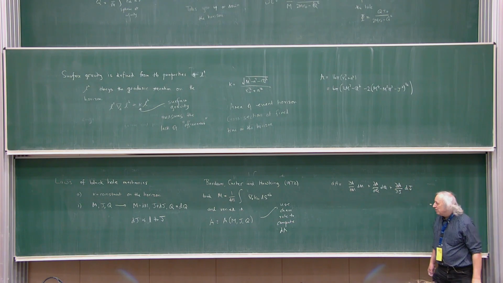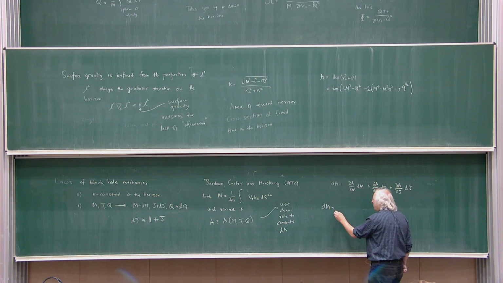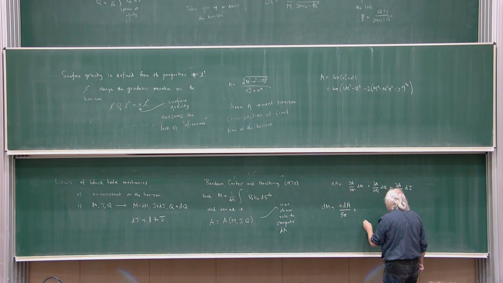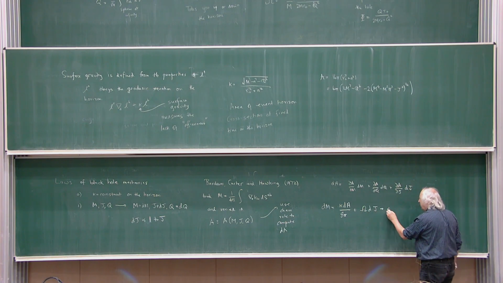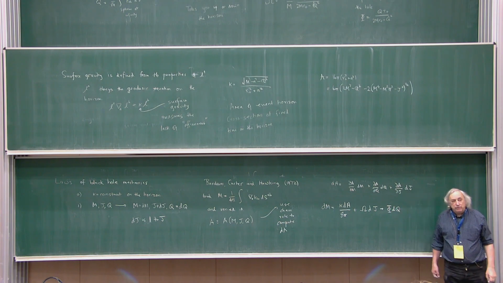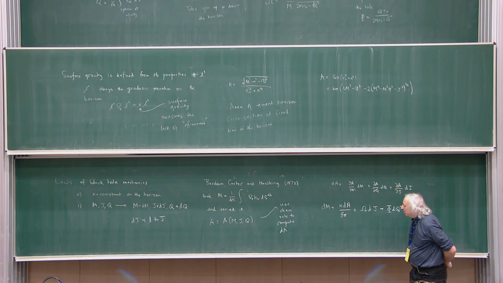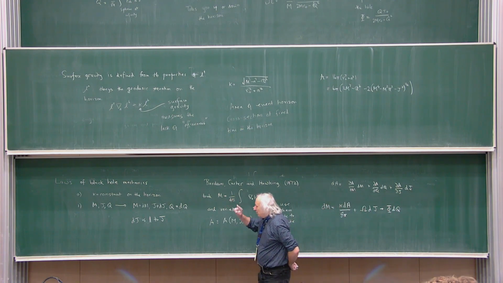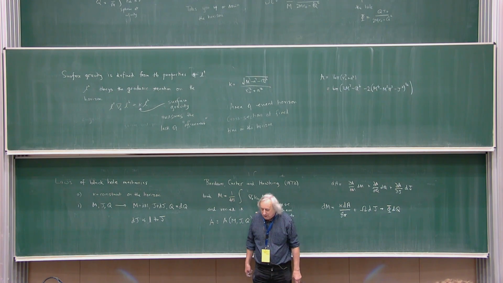And if you do that and rearrange things slightly, you'll get the following expression. dm, the change in energy, is equal to kappa dA over 8 pi plus omega dj plus phi dq. This is usually known as the first law of black hole mechanics, by analogy with the 0th law of black hole mechanics. It looks awfully like the first law of thermodynamics.